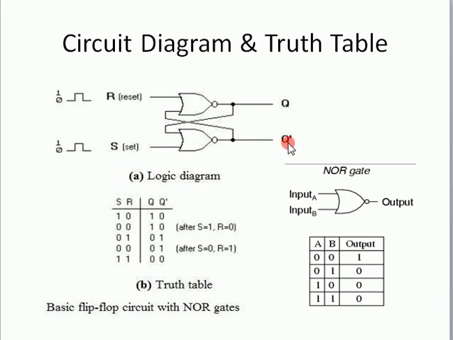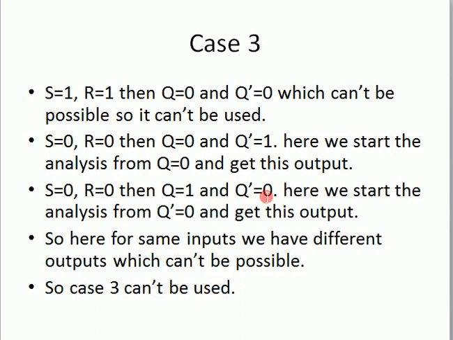Now we started from here, Q complement is equal to 0. When it comes here, 0 here and 0 here. So what will be the answer? That Q is equal to 1 and Q complement we have taken, that was 0. So when this one comes here, 1 0 is equal to 0. So it means now Q is equal to 1 and Q complement is equal to 0.